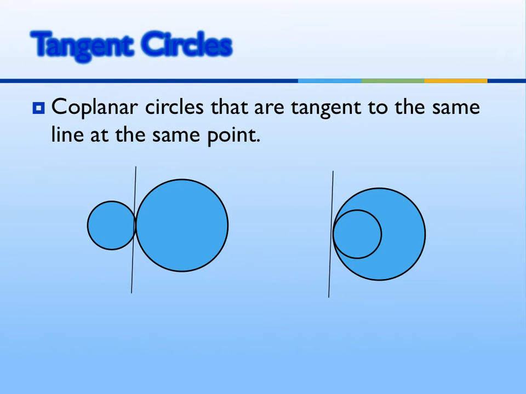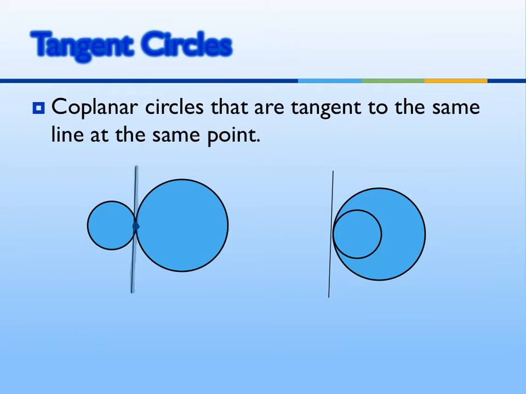Okay, tangent circles, and this was really hard to draw. Matt, before you start picking on me for how close that line is to the point. It says coplanar circles that are tangent to the same line at the same point. So this technically should be passing exactly through the point, and they would not overlap. Those are called tangent circles.